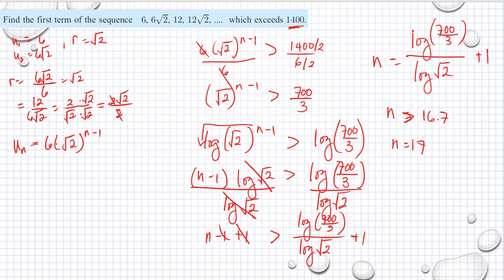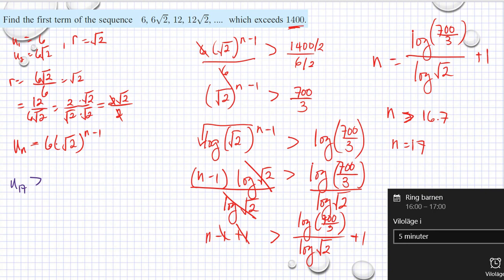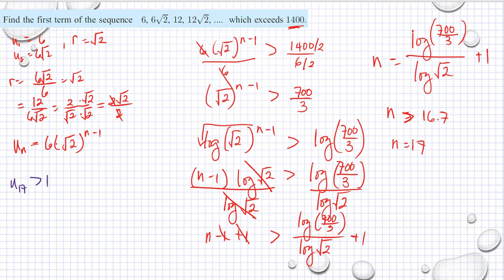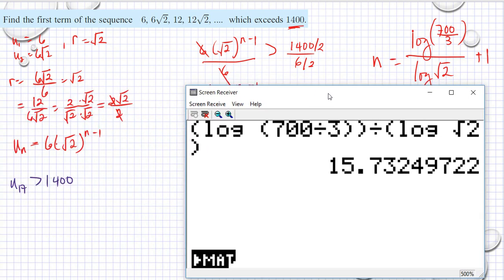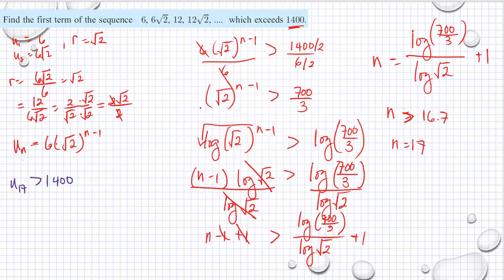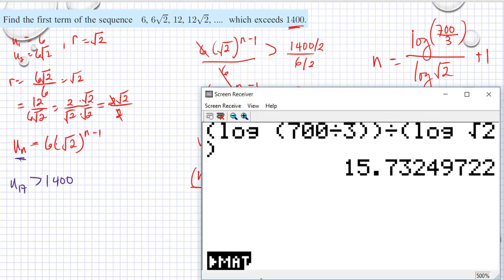That's it. If you want to check if u sub 17 is greater than 1400, let's see here our u sub n, our general formula.